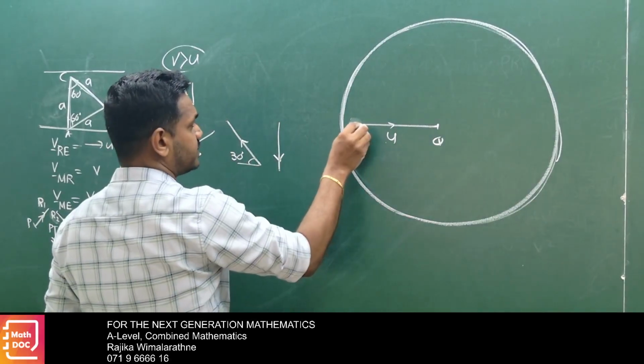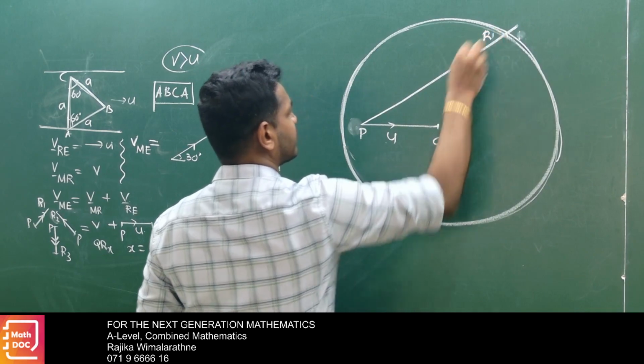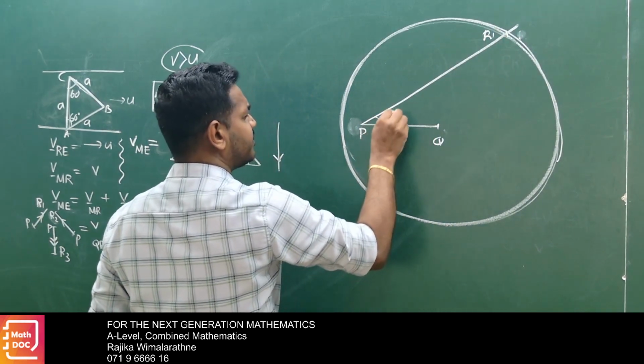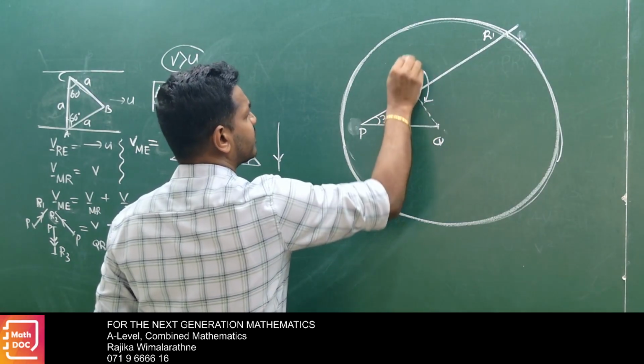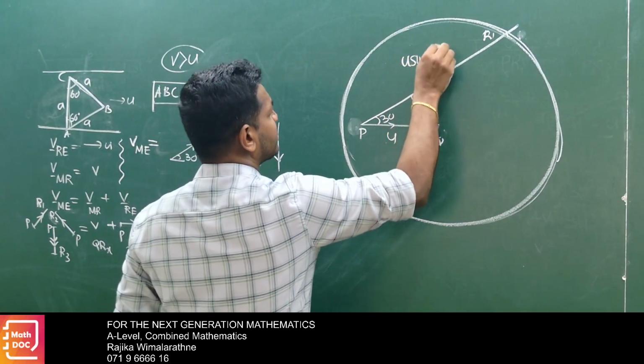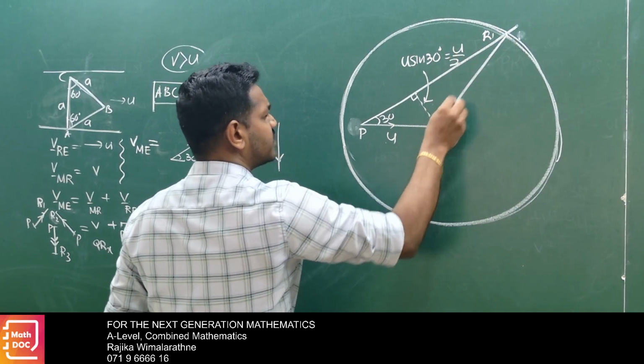Then PR1, 30 degrees, here U sin 30, U/2, here V.